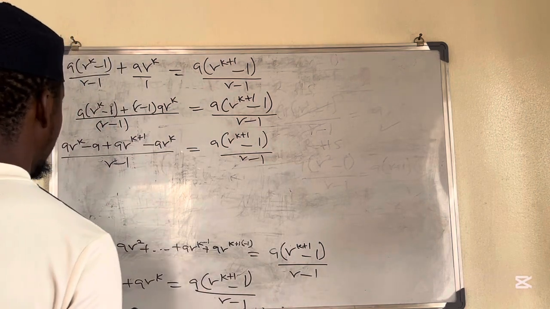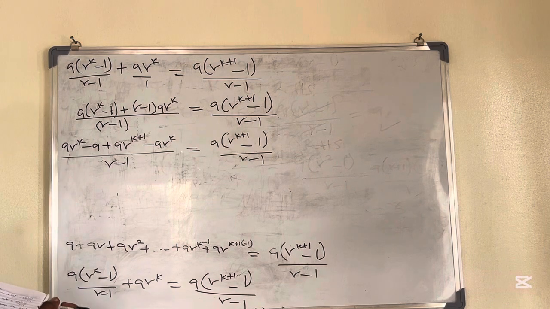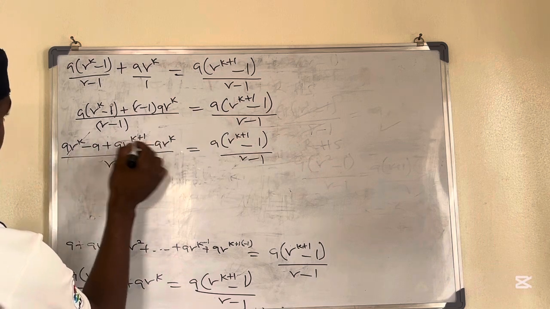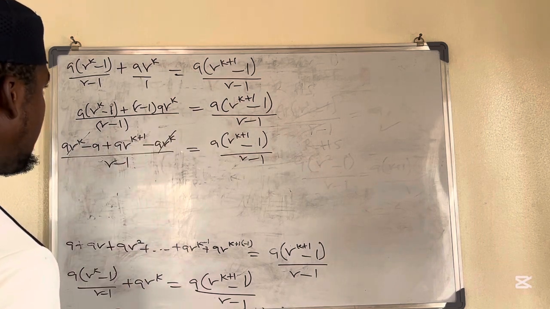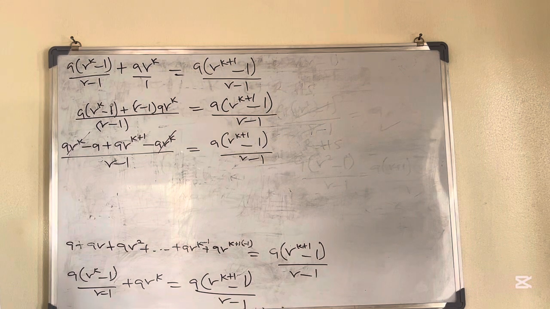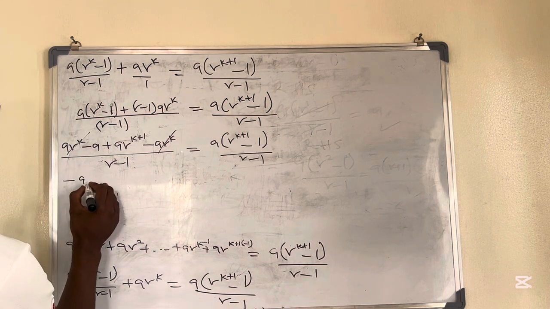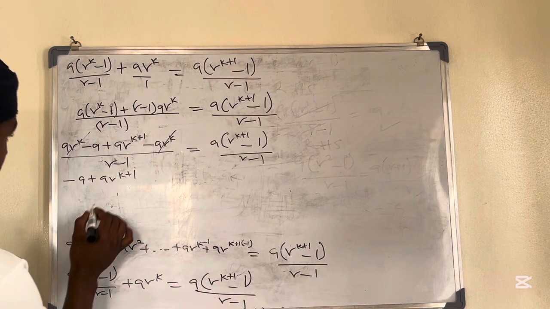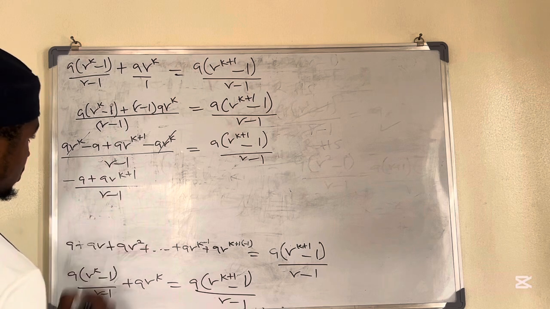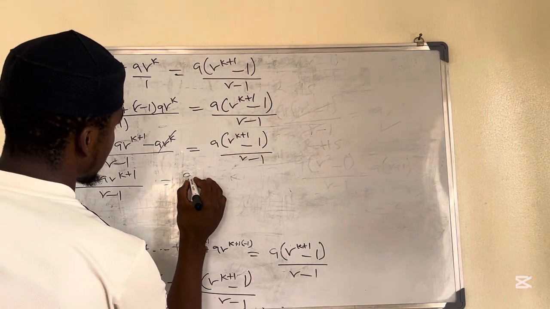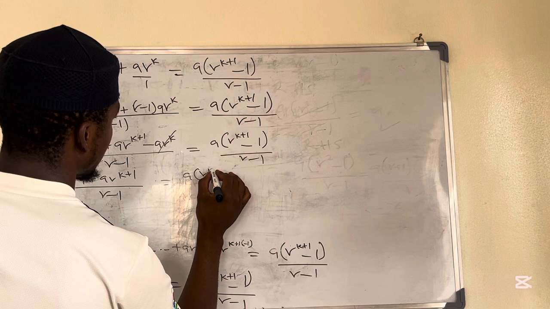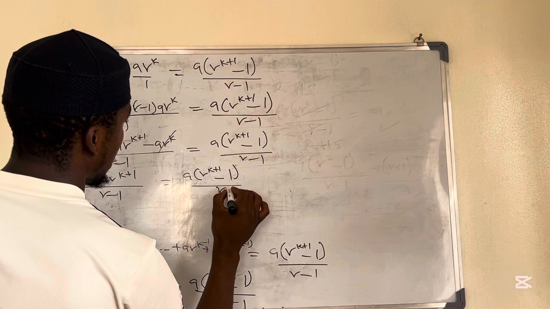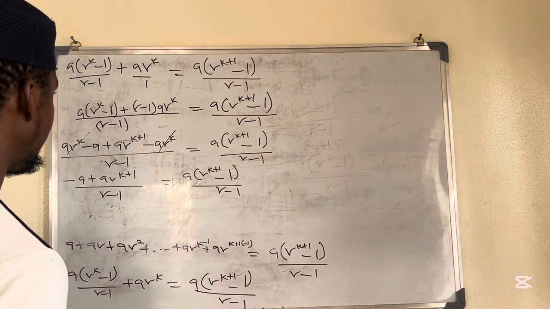So let's look closely. We have a r^k minus a r^k, so these cancel. Then we are left with minus a plus a r raised to the power of k plus 1, all over r minus 1, is equal to a into r raised to the power of k plus 1 minus 1, all over r minus 1.